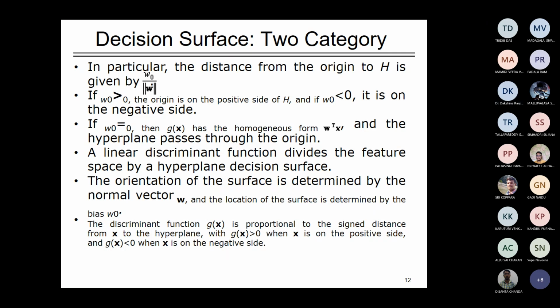Here the discriminant function g(x) is found to be proportional to the signed distance from x to the hyperplane. Now g(x) is greater than 0 when x is on the positive side, and g(x) is less than 0 when x is on the negative side.